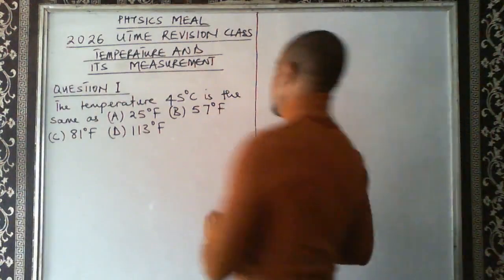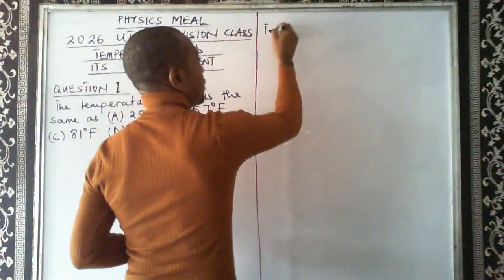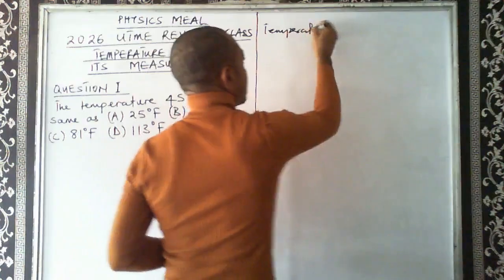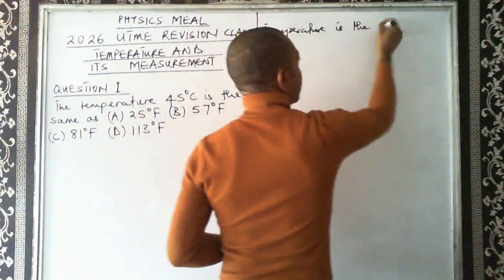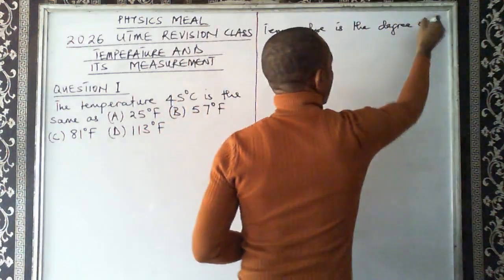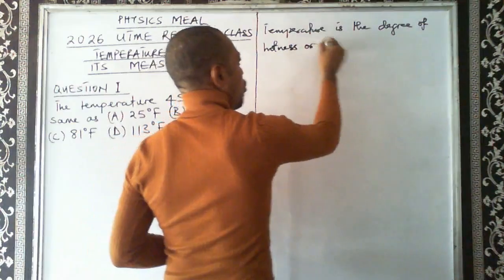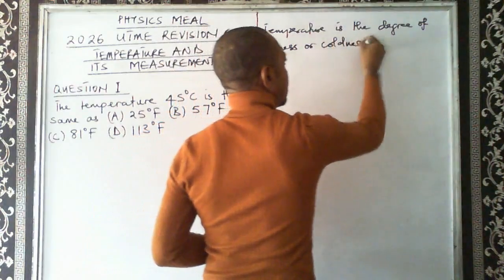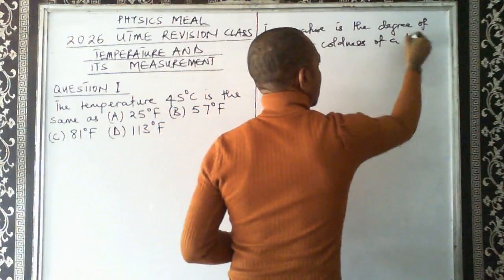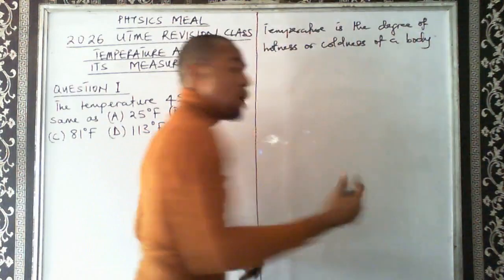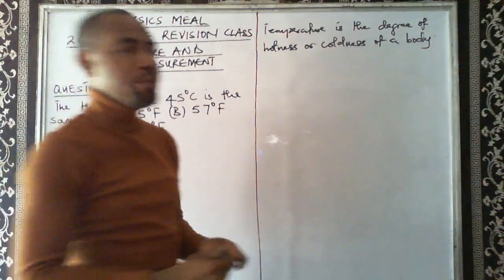Okay, let's go. Now, what is temperature? We said that temperature is the degree of hotness or coldness of a body. So how hot or how cold a body is, that's what we mean by temperature.